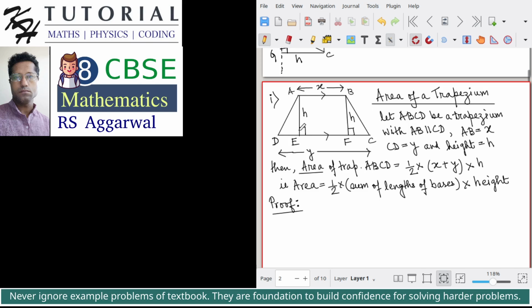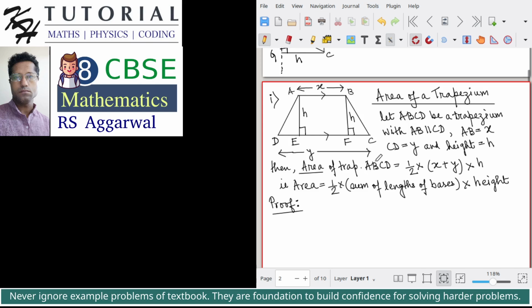BF and AE are both perpendicular to DC. So AE and BF are both altitudes of this trapezium. The bases are AB and DC. So we have assumed that the length of side AB is X, the length of side CD is Y, and the height is H.